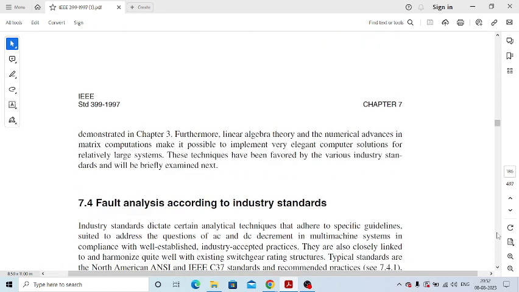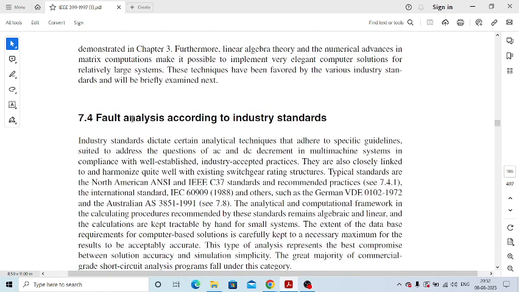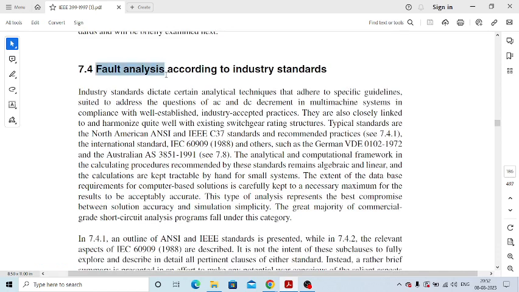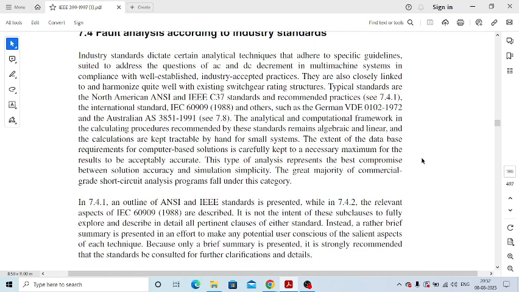So now I will go to the fault analysis according to the industry standard. As I told you earlier, in IEC 60909 is the standard used for short circuit analysis. At the same time, in ANSI, one more standard is used for the short circuit analysis.